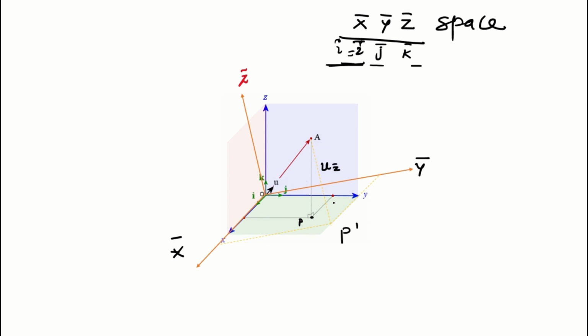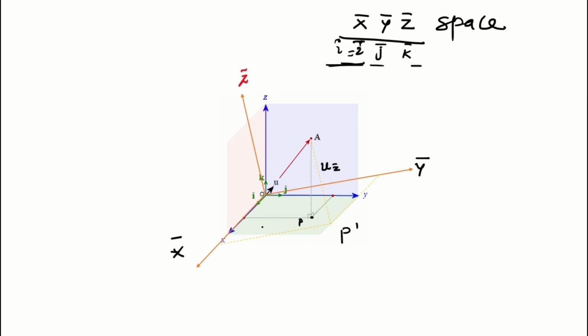Now to find the other components, we will drop a line from P dash to the x bar axis and to the y bar axis. When dropping a line on the x bar axis, the line has to be parallel to the y bar axis. And when dropping a line from P dash to the y bar axis, the line has to be parallel to the x bar axis.